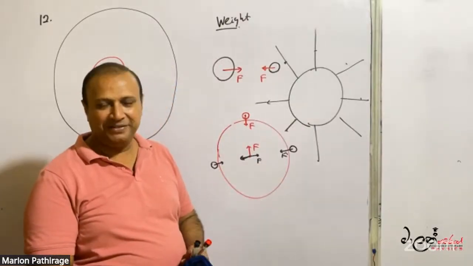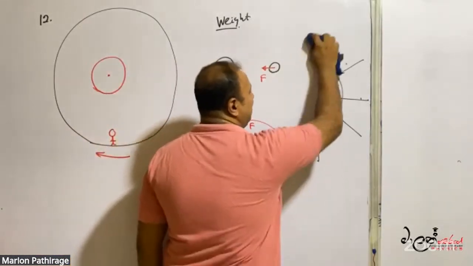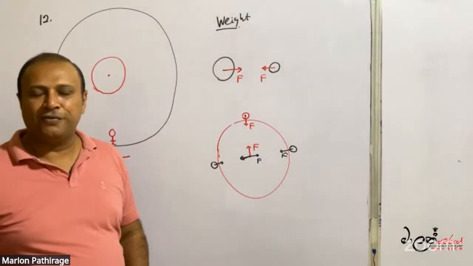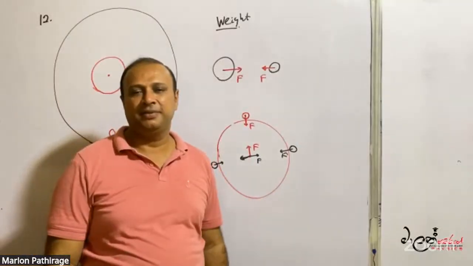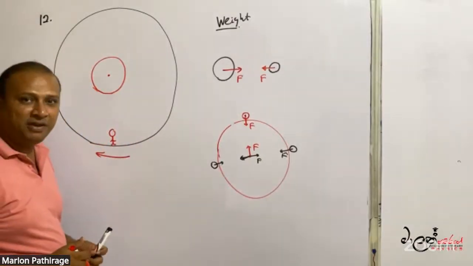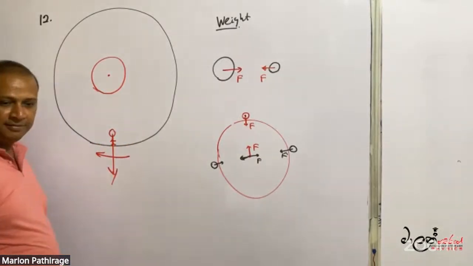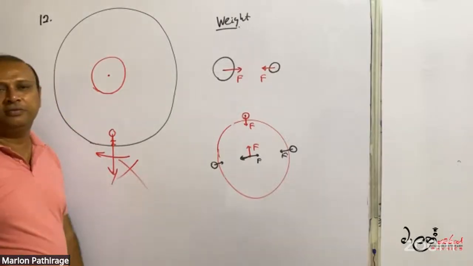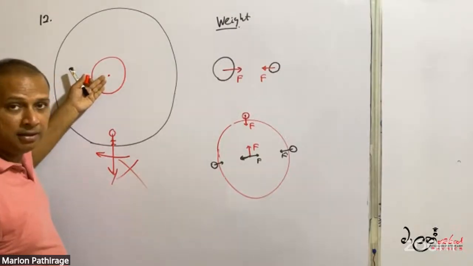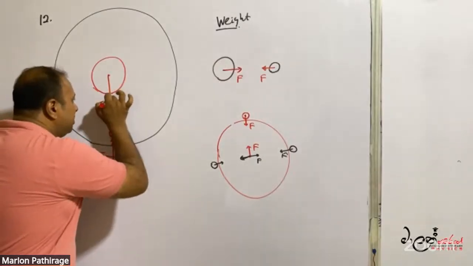Therefore, gravitational forces are exerted from one center to one center. Okay. Therefore, don't mark the weight of this man in this direction. That is entirely wrong because the earth is here. Therefore, the gravitational attraction should be from center to center.